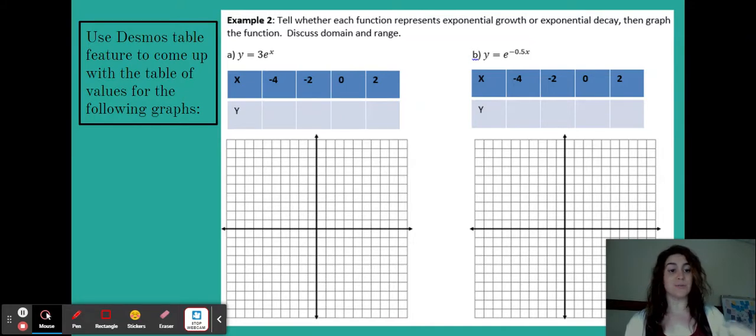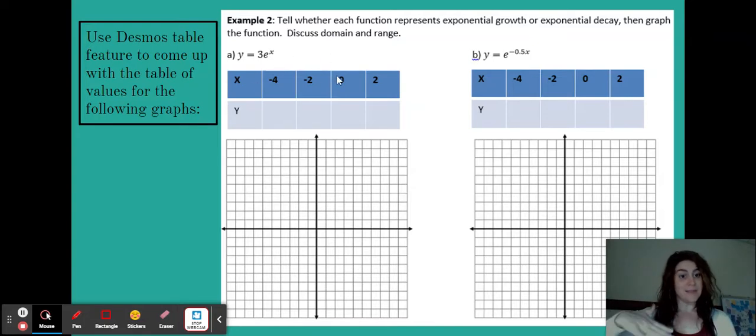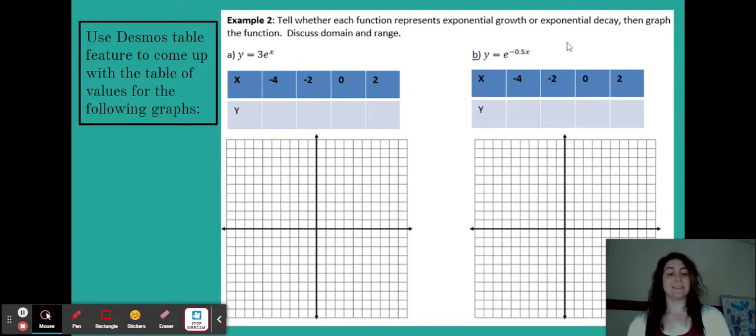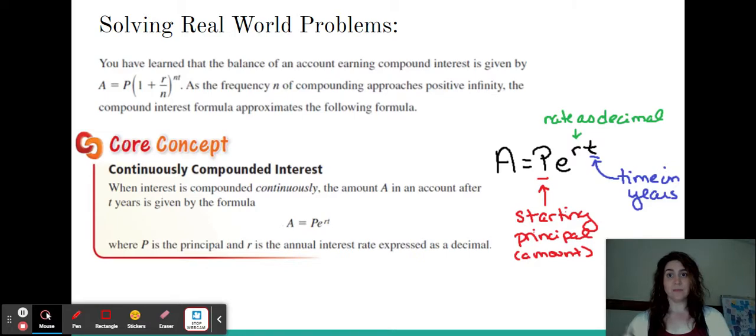Range will always be y greater than 0 unless we are adding or subtracting something to the end. We have some k value that's going to rise or lower your function. In both these cases, we don't. So we have a domain of all real numbers, and we have a range of y greater than 0. Again, we'll go through all of those examples in class.